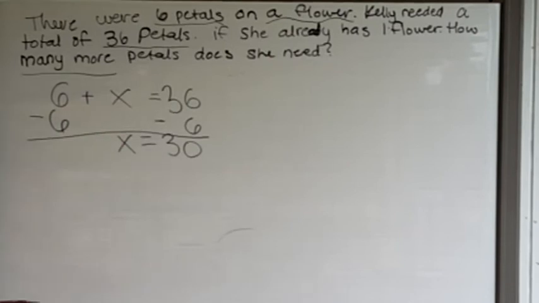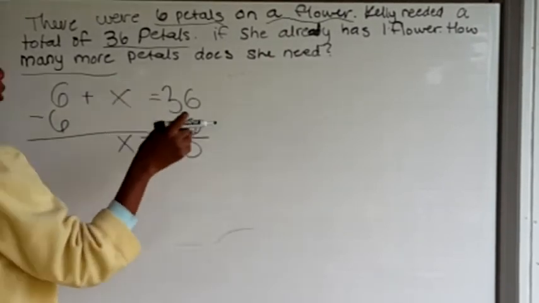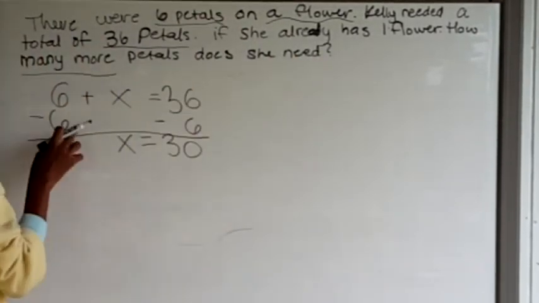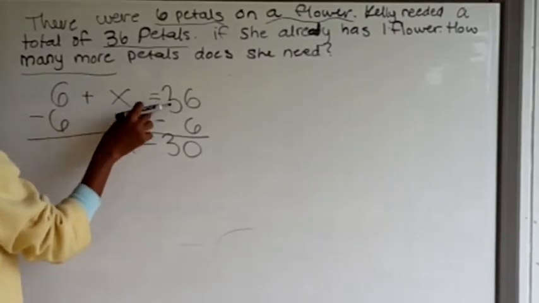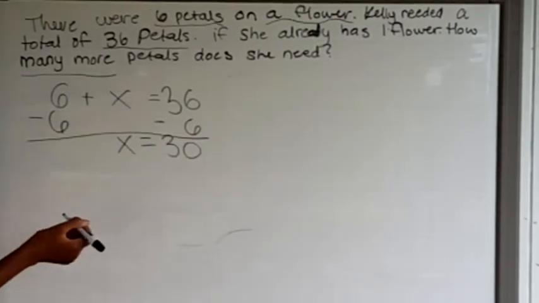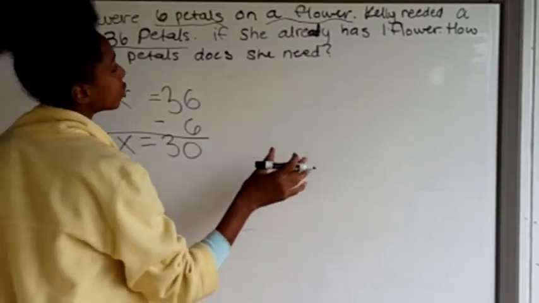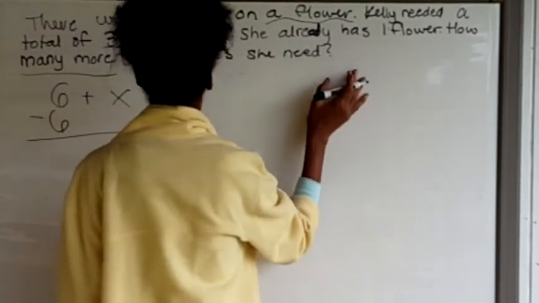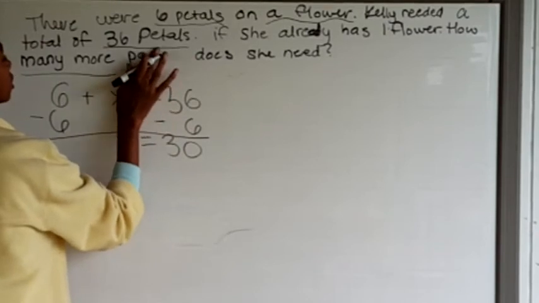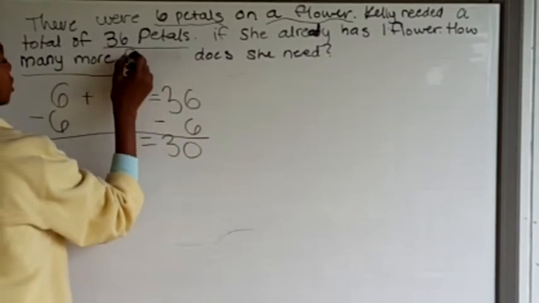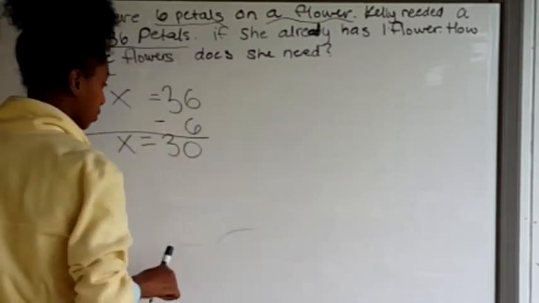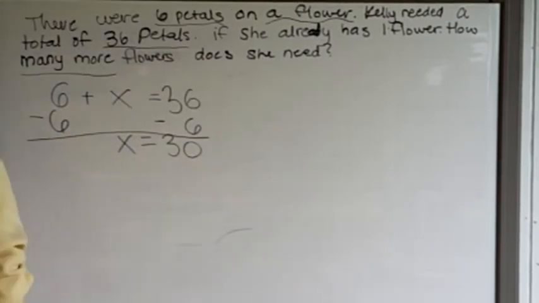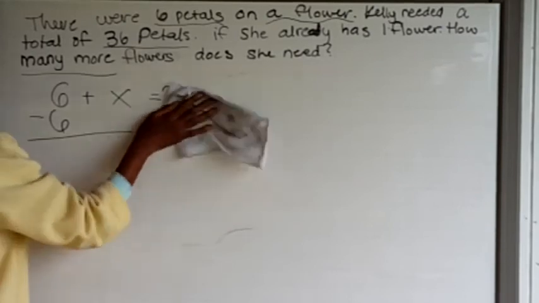Kelly needed 36 petals. She already has 1 flower, and we know 1 flower has 6 petals, so that's where 6 came from. Plus, how many more does she need? We don't know. Equals 30. All right, I'm going to change it to how many.